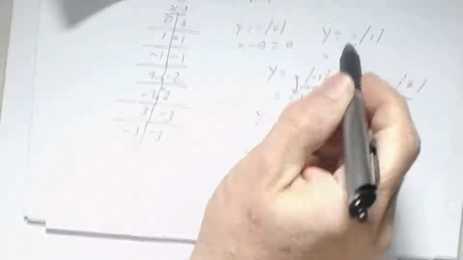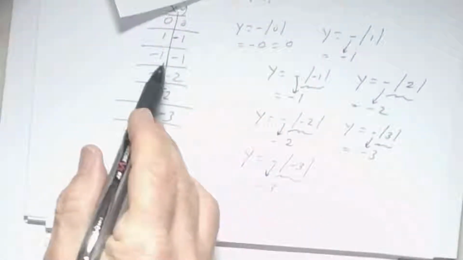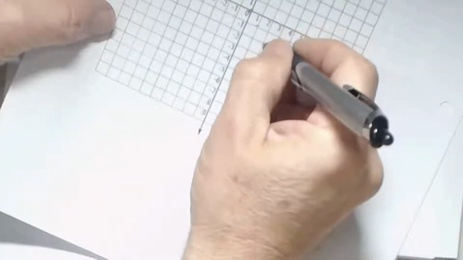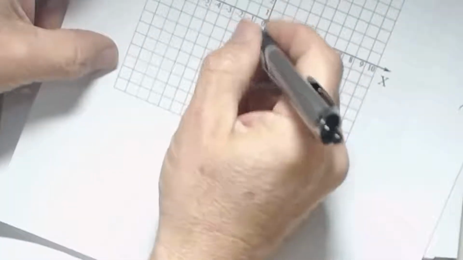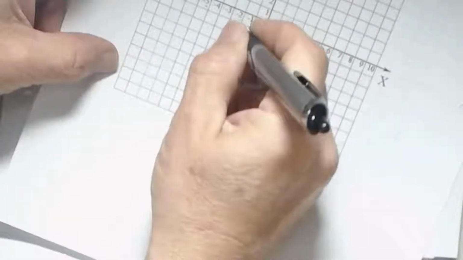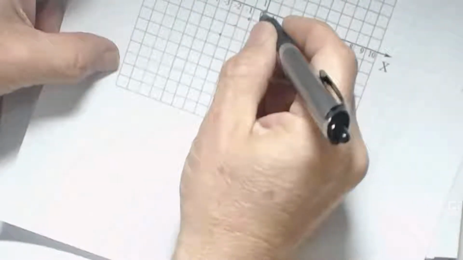So 1, negative 1 is here. Negative 1, negative 1 is here. The idea of symmetry still. 2, negative 2 is here. See how it's pointing down? Negative 2, negative 2. 3, negative 3. And negative 3, negative 3. And then it looks like this.